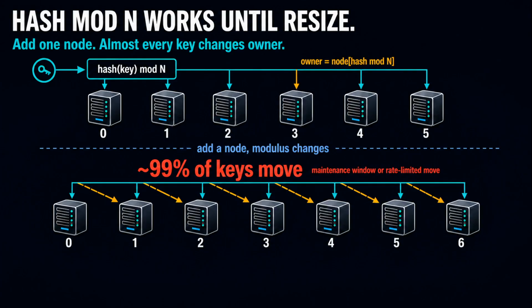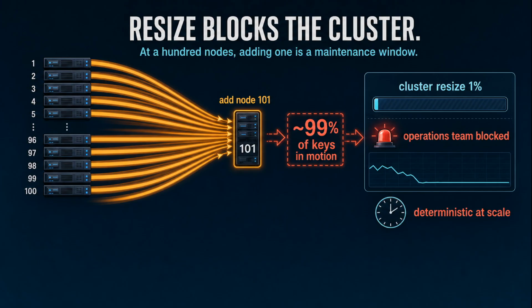Now, the design questions. Where does a key live? The first answer every engineer reaches for is hash modulo n. Hash the key, mod the result by the number of nodes. That is the owner. Which works fine until you add a node. Then nearly every key changes owner because the modulus changed. At 100 nodes, adding 1 means moving roughly 99% of the keys.